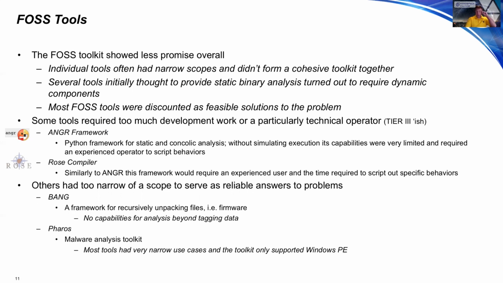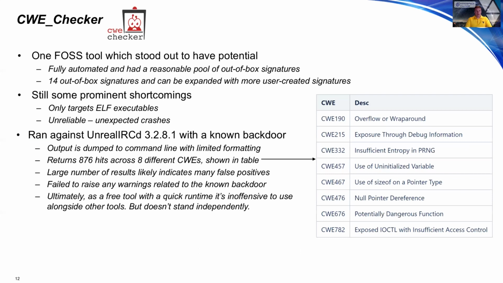We also looked at Bang and Pharos, and nothing of any substance came out of that analysis either. Pharos was really focused on Windows PE binaries. The one FOSS tool that had some promise for the problem we were trying to solve was cwe_checker. It had basically low overhead on usage, had some false positives, but did provide some minimal results.